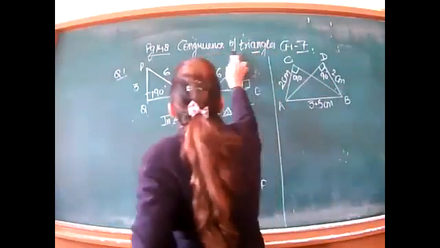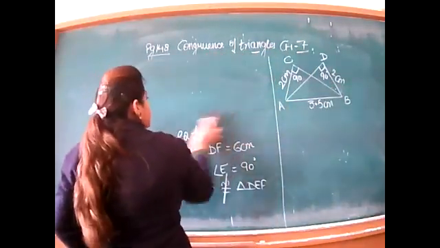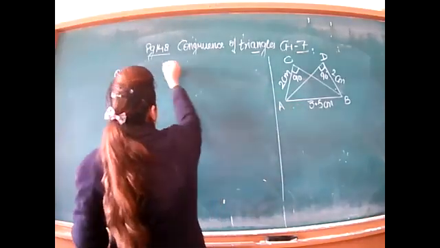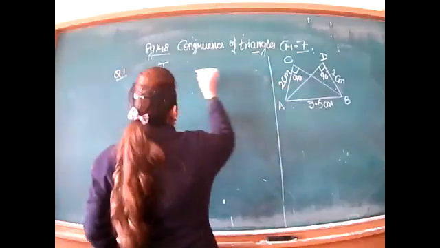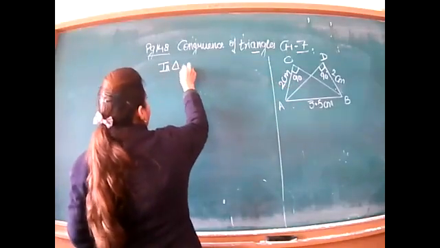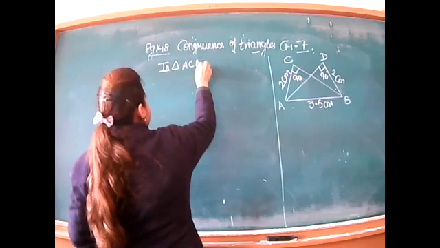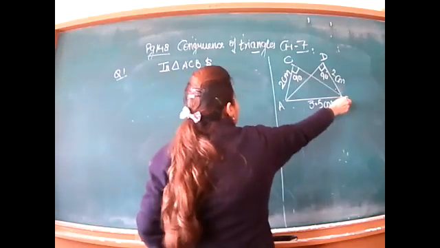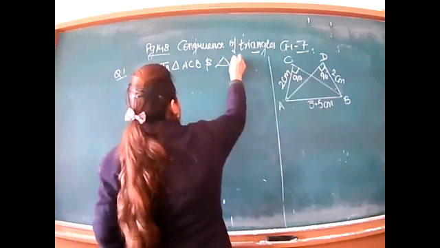Now, next is the second part. In this second part, I have drawn the figure and you have to prove these two triangles congruent. The name of the first triangle is ACB, and the second is BDA.